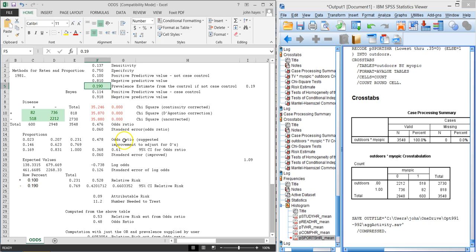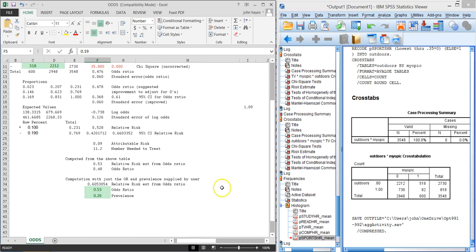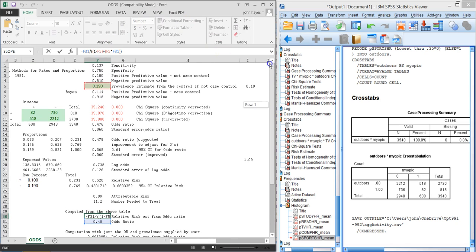Now, we have down here a formula that allows you to estimate the relative risk from the odds ratio. So the odds ratio is 0.48, and then we have a little formula that we use to estimate the relative risk, and it uses the odds ratio and the prevalence to come up with an estimate, which is 53%, which you can see is the actual estimate that we got.